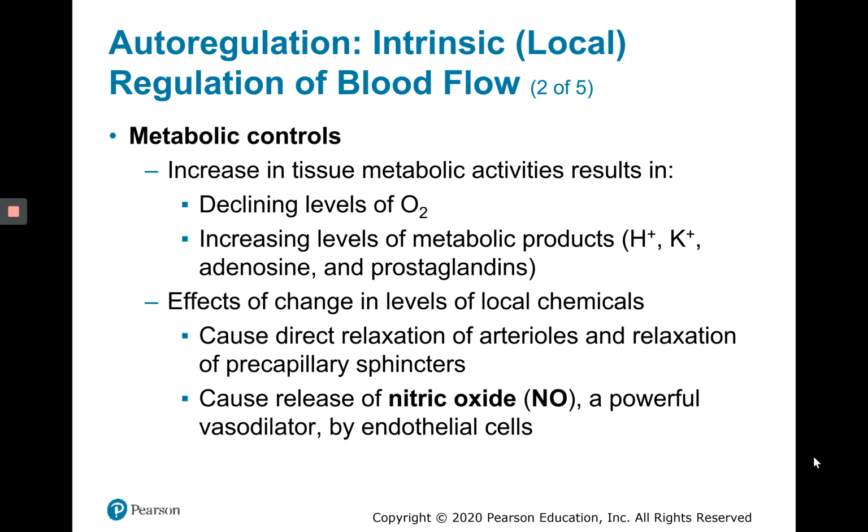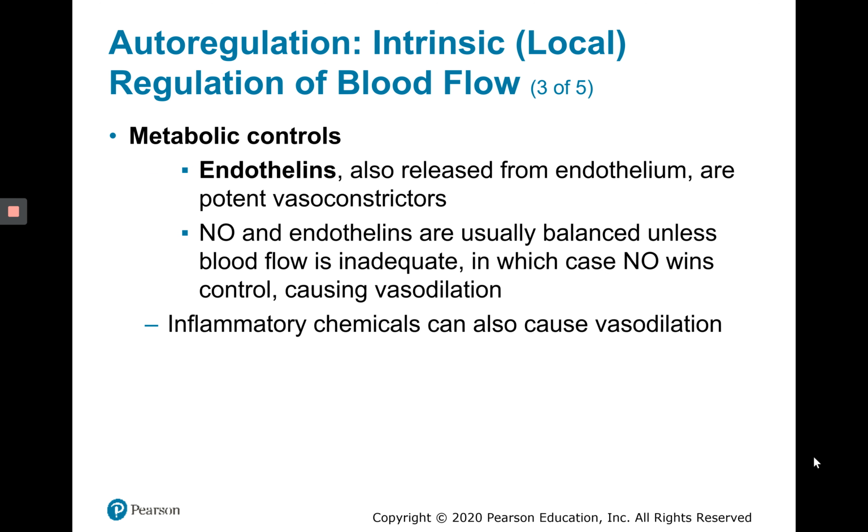The effect of declining oxygen but increasing metabolic products is going to cause direct relaxation of arterioles and relaxation of precapillary sphincters. It also causes the release of nitric oxide, which is a powerful vasodilator. Nitric oxide is released by endothelial cells. Endothelin, also released from endothelium, is a potent vasoconstrictor.